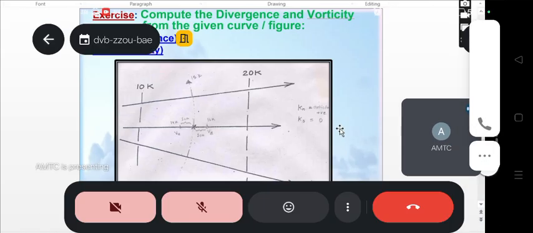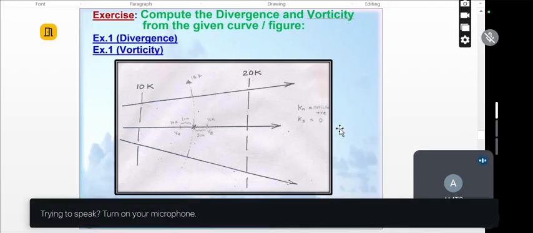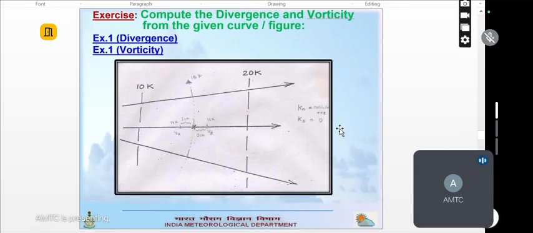Okay, these are the three arrows looking like a machine. And in between, this middle arrow, these are three extreme lines. There is a cross. At this point of concentration, you have to calculate divergence and velocity.